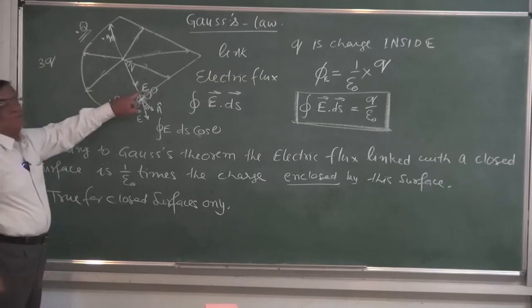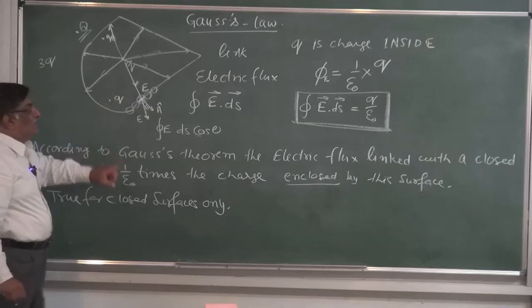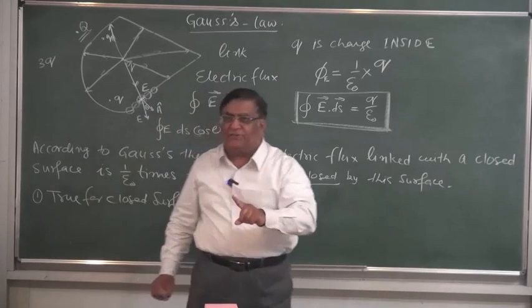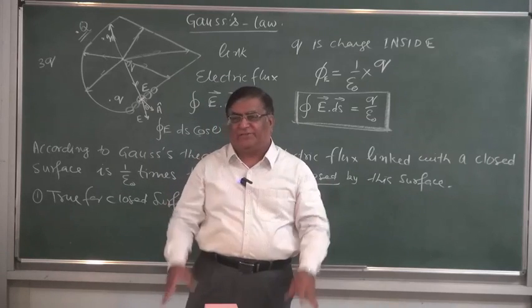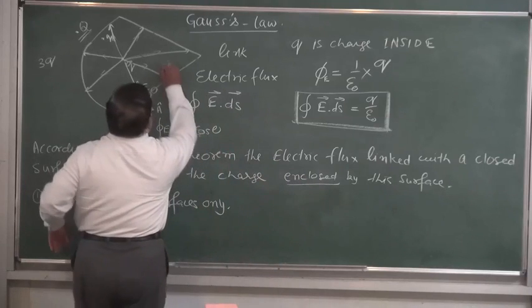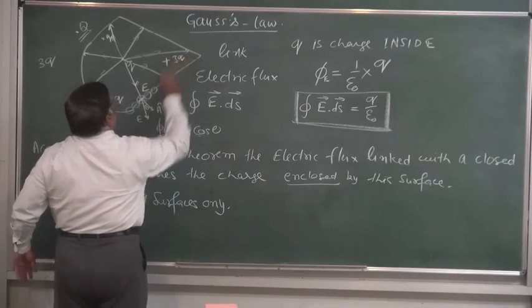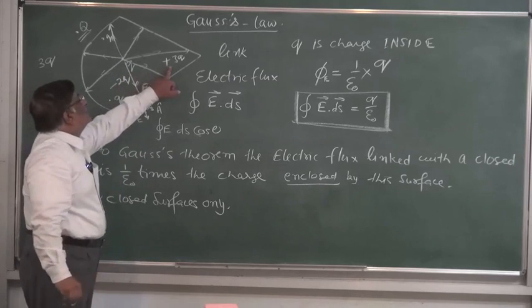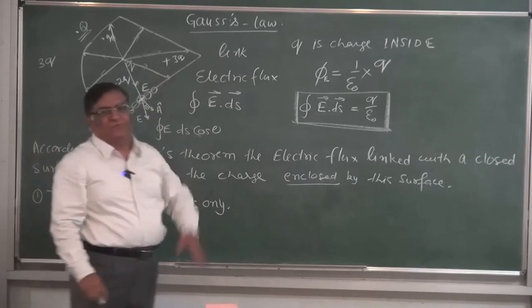All the charges inside. So when we say the charges enclosed by the surface, this may be a single charge, multiple charges, or the sum of charges. Like if there is plus 3Q charge here and minus 2Q charge here, then the net charge is plus Q, we will take plus Q charge.